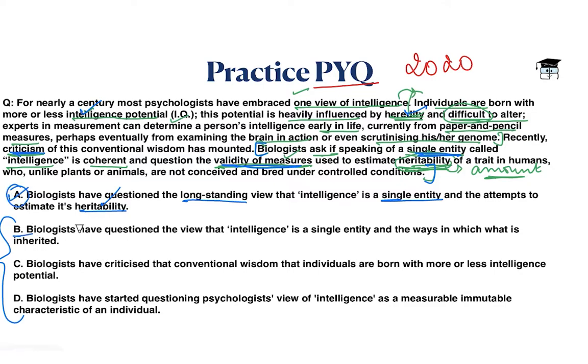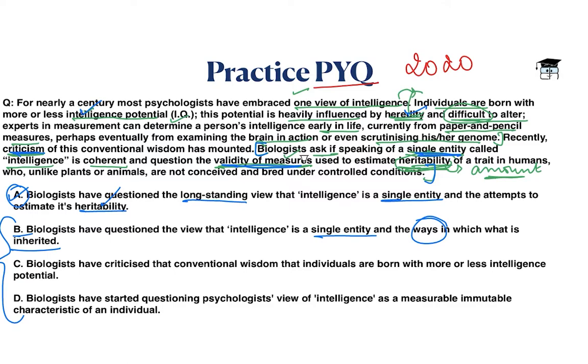Okay, option B. Biologists have questioned the view that intelligence is a single entity. Again, similar to the first option, and the ways in which what is inherited. Whereas in the second last line of the paragraph, the author is talking about the validity of the measures that are taken to estimate how the gene is transferred.